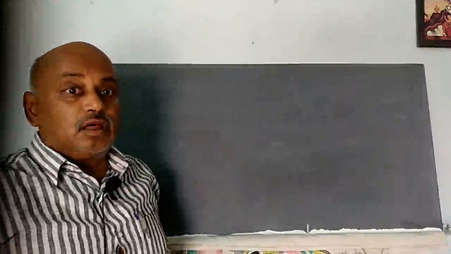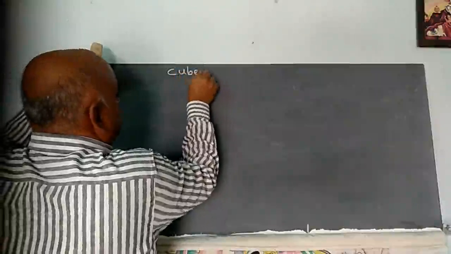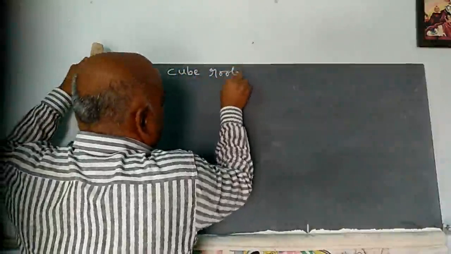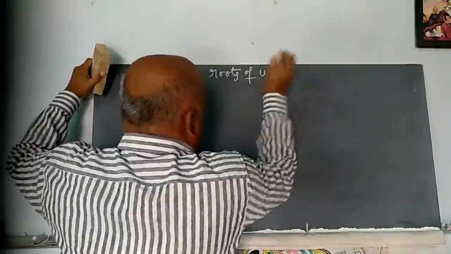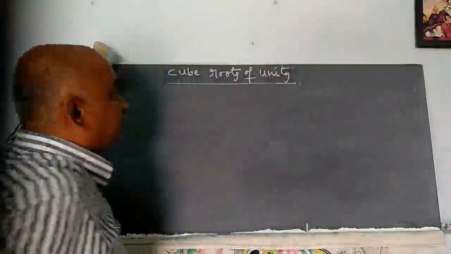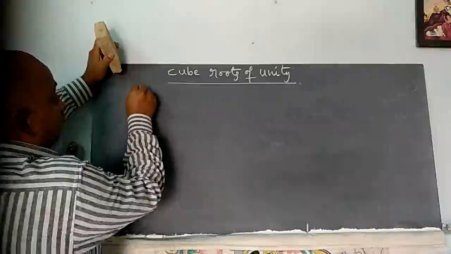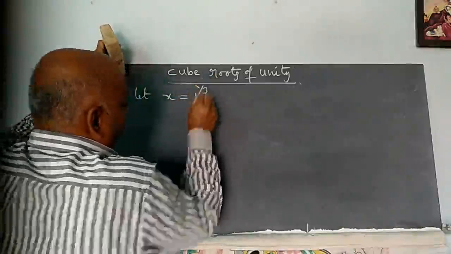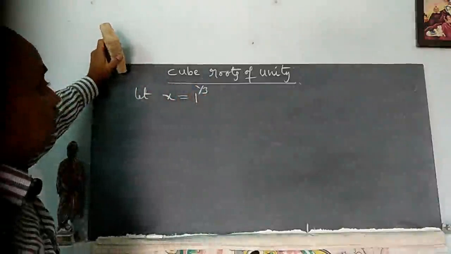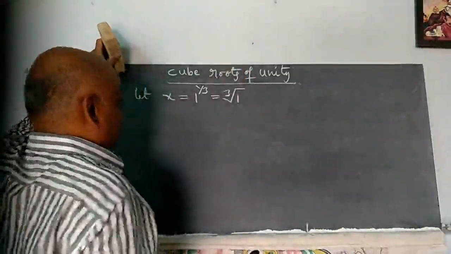Next concept is cube roots of unity. Cube roots of unity means let x equal 1 to the power of 1 by 3, in the sense the cube root of 1.